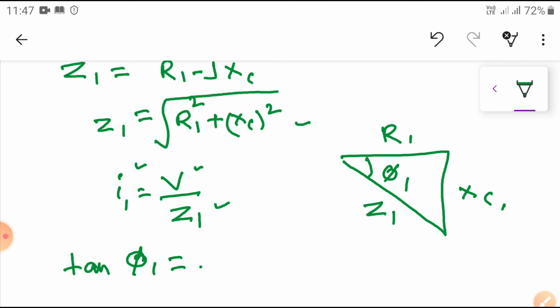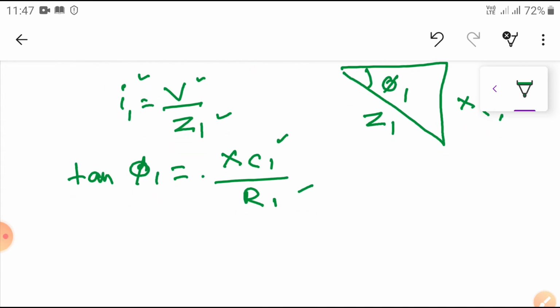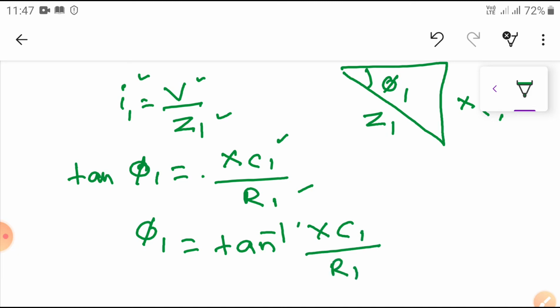Tan phi 1 is equal to XC1 divided by R1. You know this value. So phi 1 is equal to tan inverse of XC1 by R1.